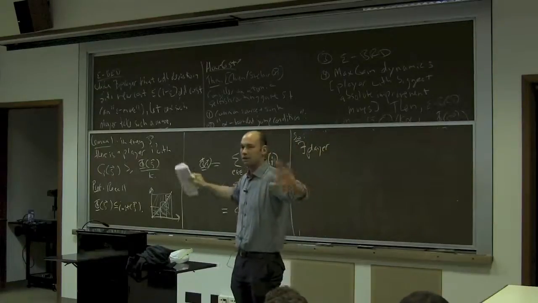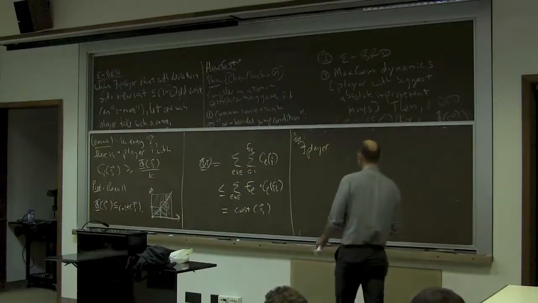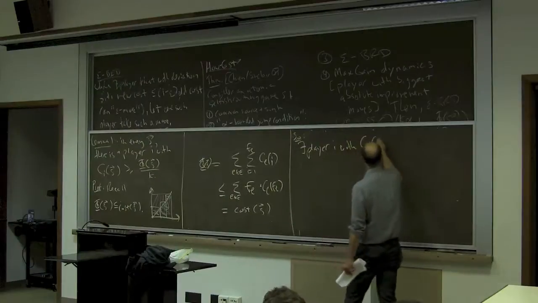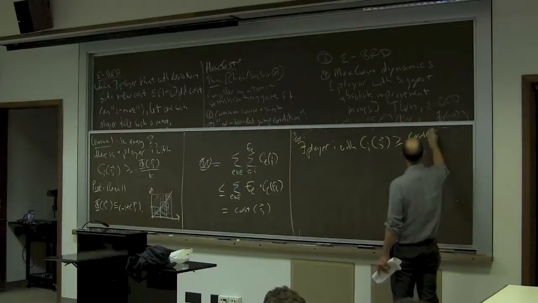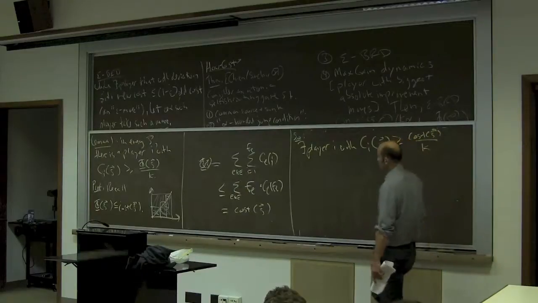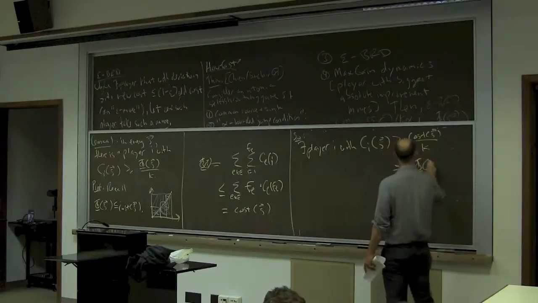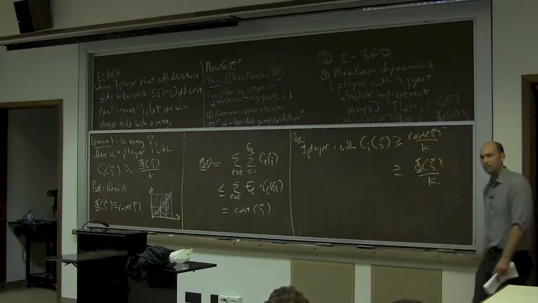That's the average cost of some player picked at random. So the player with the highest cost is at least that average. So this player I, whose own personal cost is at least as high as the average cost, which is lower bounded by the potential. Okay? So that's it. That's lemma 1.